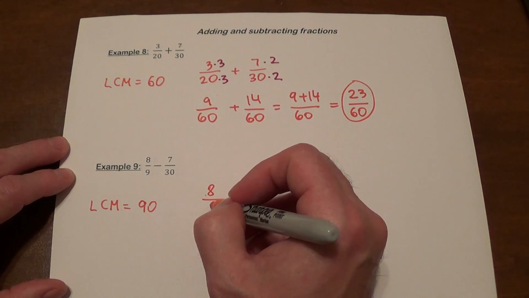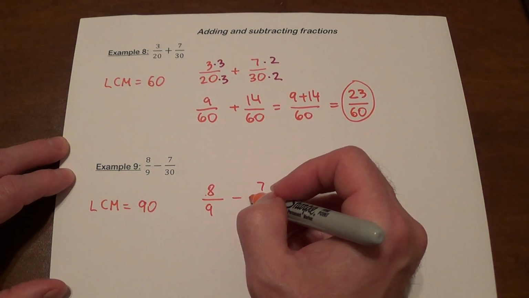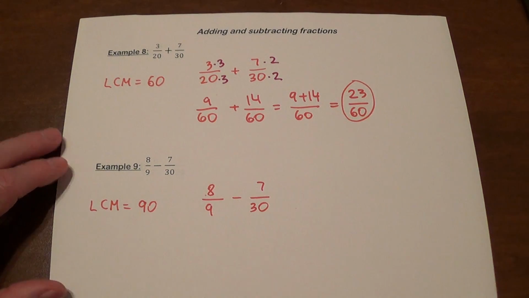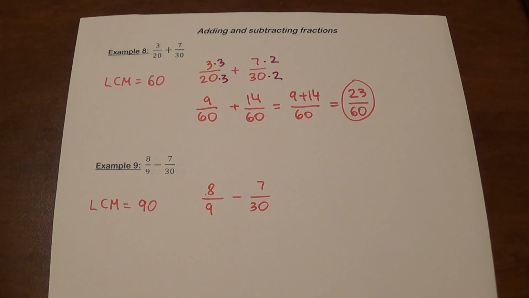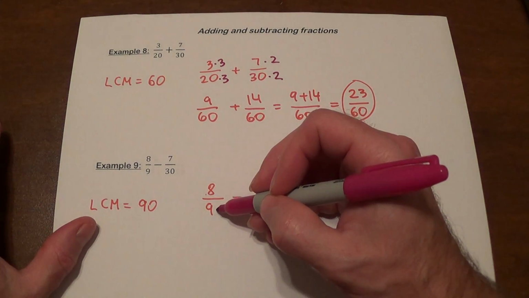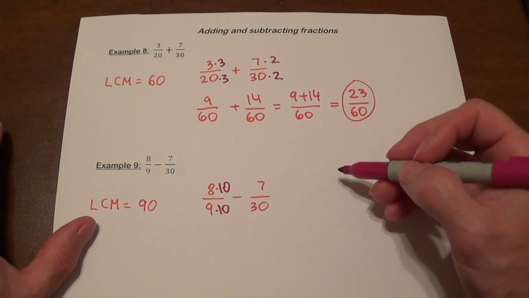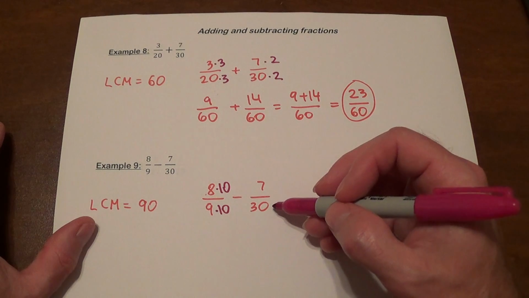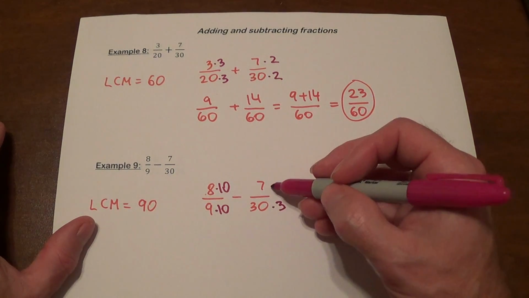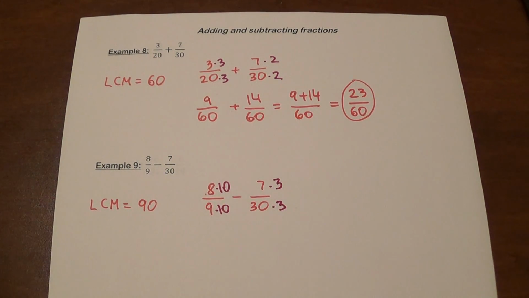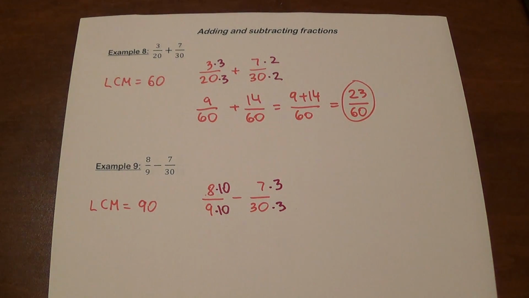So again, both fractions need to be recalculated so that the denominators are going to be the same. We want to get 90 on the bottom. So 9 times what gives you 90? That would be 10, top and the bottom. 30 times what gives you 90? Times 3. Remember, you always want to try to find a number that you can multiply by to get your common multiple.